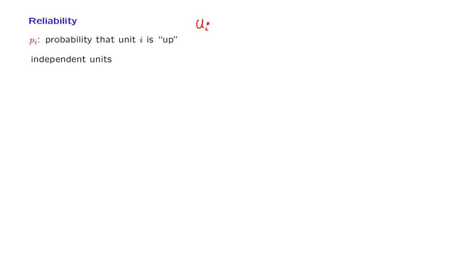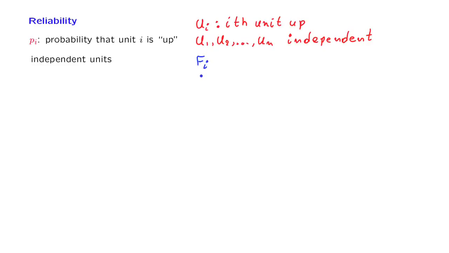We could define an event ui to be the event that the ith unit is up, and then make the assumption that the events u1, u2, and so on up to un, if we have n units, are independent. Alternatively, we could define events fi, where event fi is the event that the ith unit is down, or that it has failed.